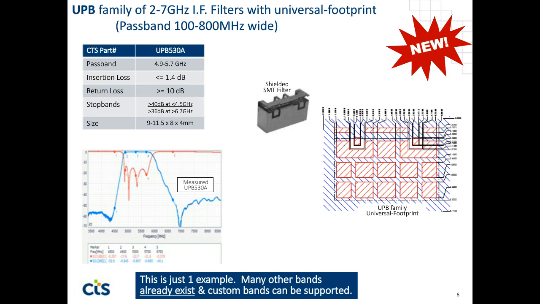In general, a suitable ratio is around 20%. So here, for example, you are seeing an 800 meg wide passband centered at 5.3 gigahertz. That would be a suitable passband.